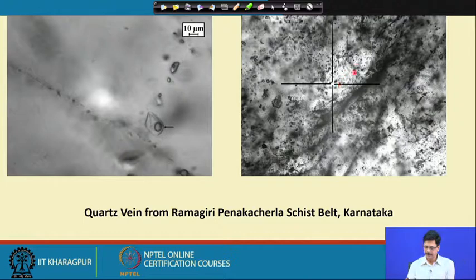Quite often, on certain instances, we see that there is a difference in the inclusion population in the central part of the grain compared to the periphery. It also happens, and we will discuss them in due course. And this part which has been magnified over here, we could see that within the same trail there are so many diverse shapes of inclusions.